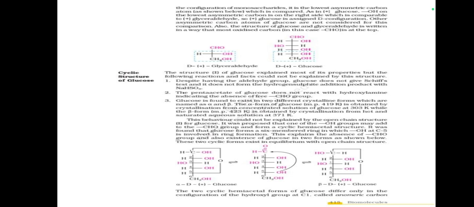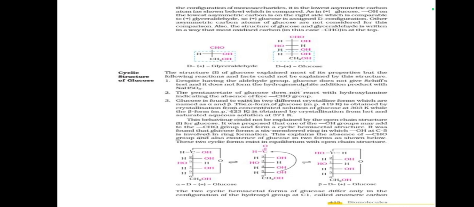Also, the structures of glucose and glyceraldehyde are written in such a way that the most oxidized carbon, in this case CHO, is at the top. Cyclic structure of glucose. The open chain structure of glucose explained most of its properties, but the following reactions and facts could not be explained by it.